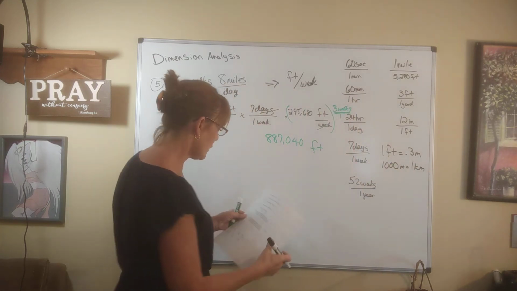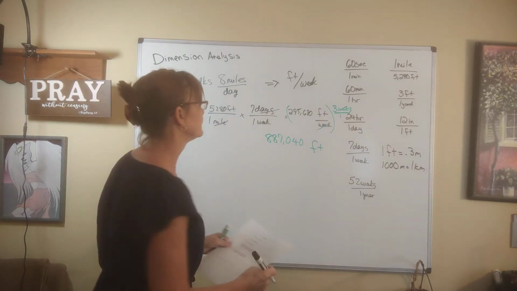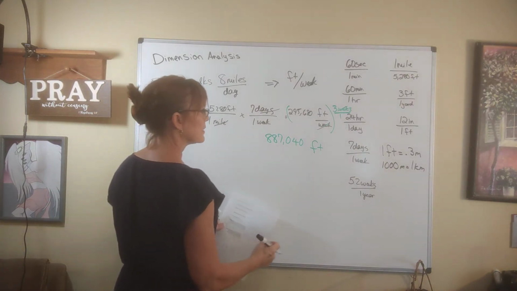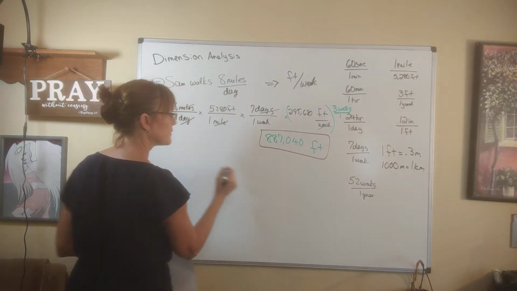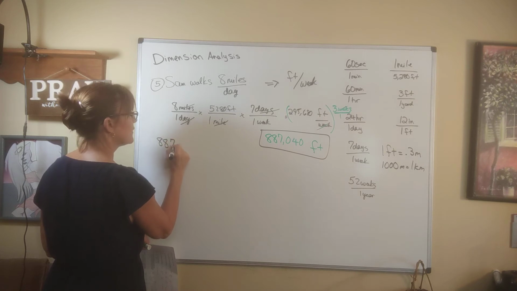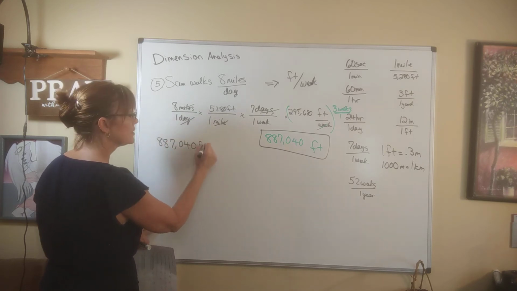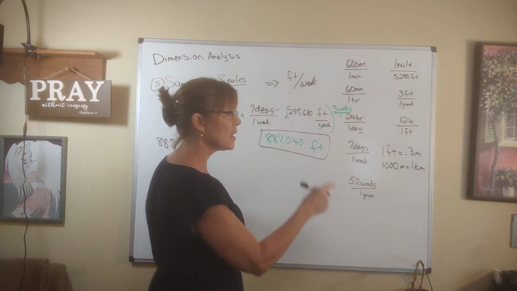And so the second part B was, how many kilometers does he walk in 3 weeks? Well, let's start right here. If he walks this many feet in 3 weeks, right? He walks 887,040 feet in 3 weeks. We just figured that out. All we got to do is convert feet to kilometers.